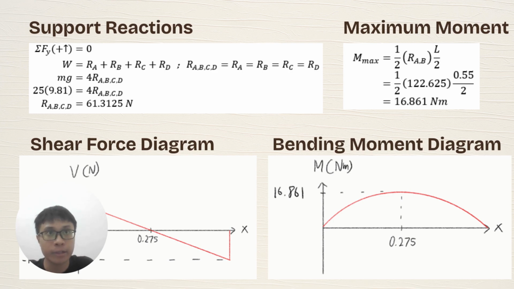In the free body diagram, we have RA and RB acting at the left side and RC and RD at the right side. For the maximum moment we use 1/2 times RAB times L/2, referring to the shear force diagram's half triangle formula. So this is how we got the bending moment diagram.